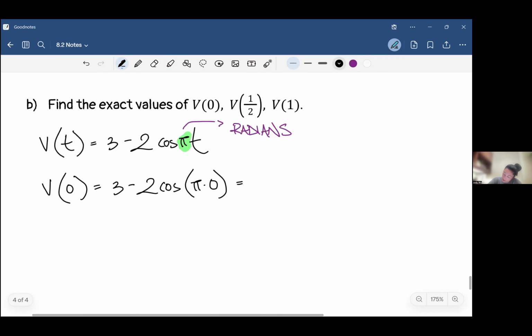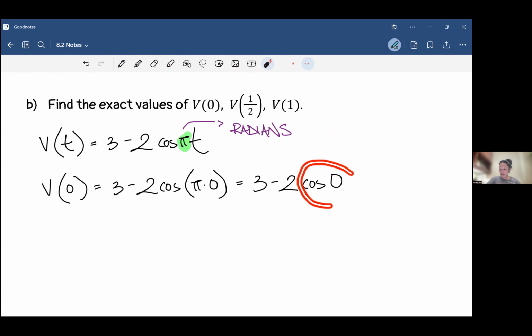Okay, so this is 3 minus 2 cosine. Let's see, pi times 0 is 0. Now this cosine of 0, I can actually find on my unit circle, right? I can go to 0 radians and find the x value there.